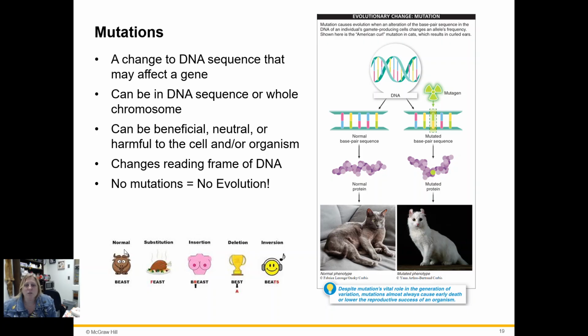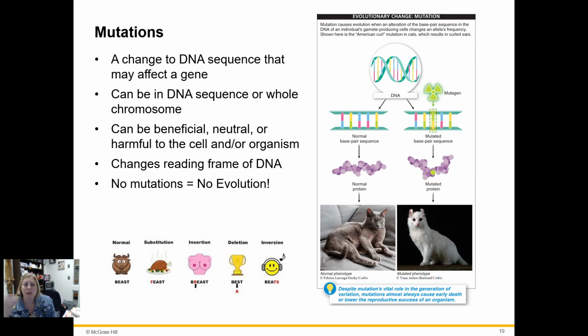Okay, I do like that we have also these examples, and I don't know why it's breast, but just go with it, okay? Beast, feast, breast, best, beats. Those words all have similar letters. So if beast is our normal and we substitute the first letter, we can change the meaning of the word. That's like what happens if we substitute out an amino acid.